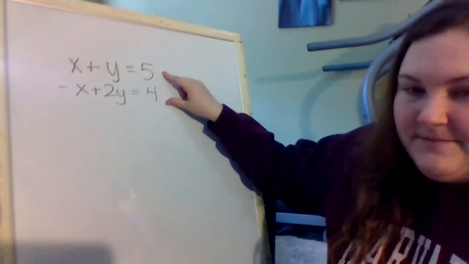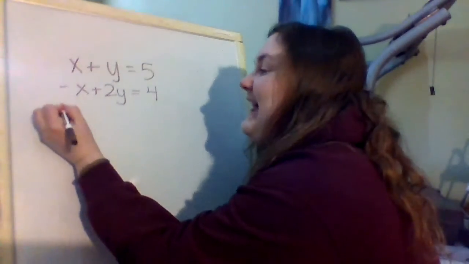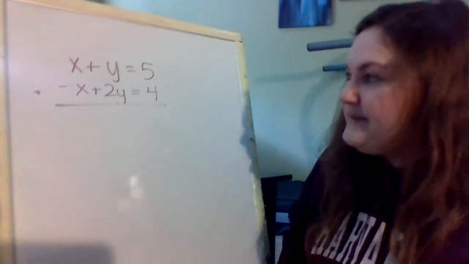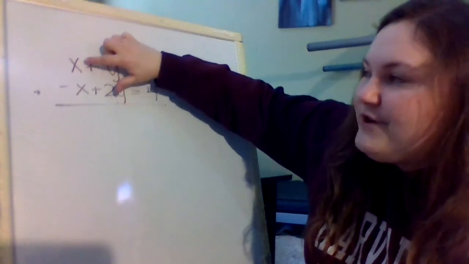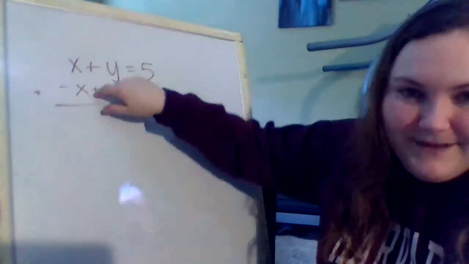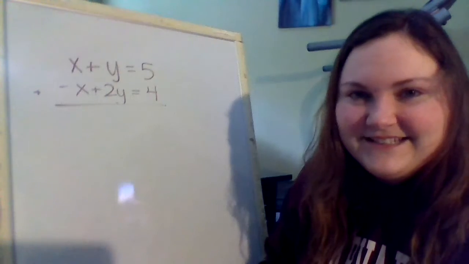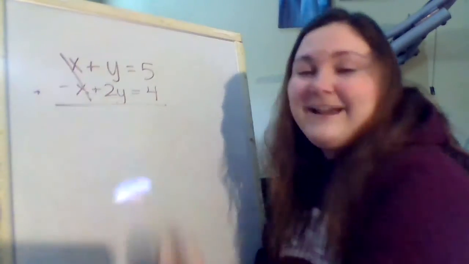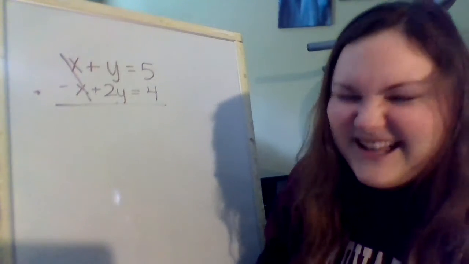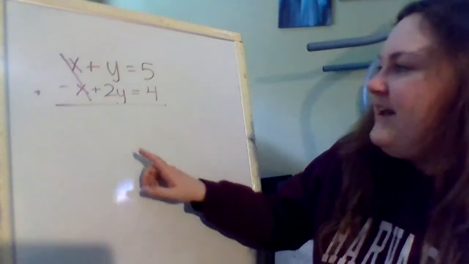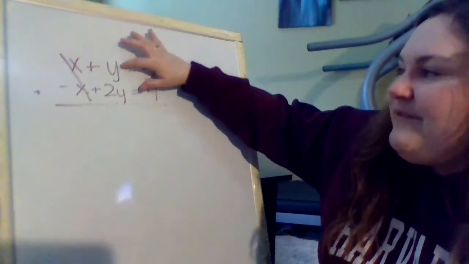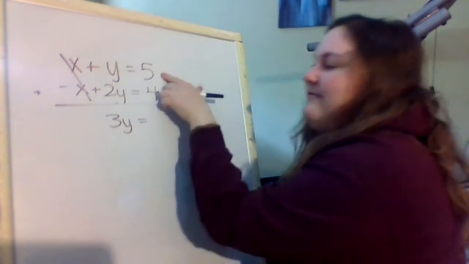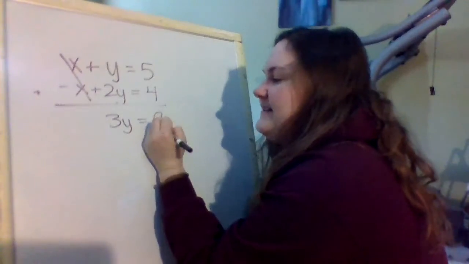Looking at this system here, if I were to add these equations together, combining all our like terms, notice this very first column here, x minus x is 0. It cancels, or in this case, I'm going to say it eliminates, hence the name elimination. The other two columns, we've got y plus 2y giving us 3y, and 5 plus 4 gives us 9.